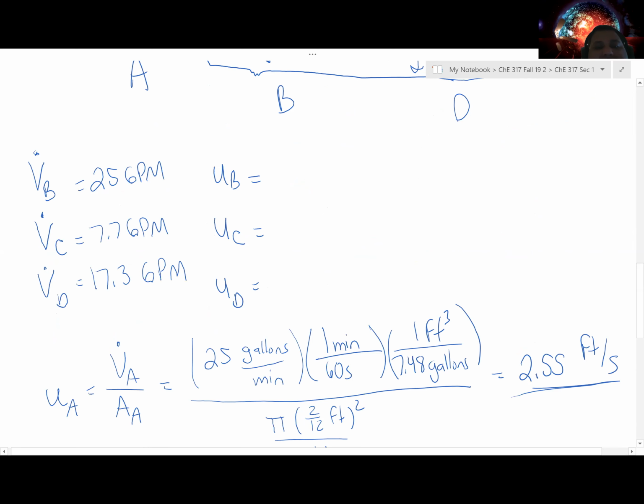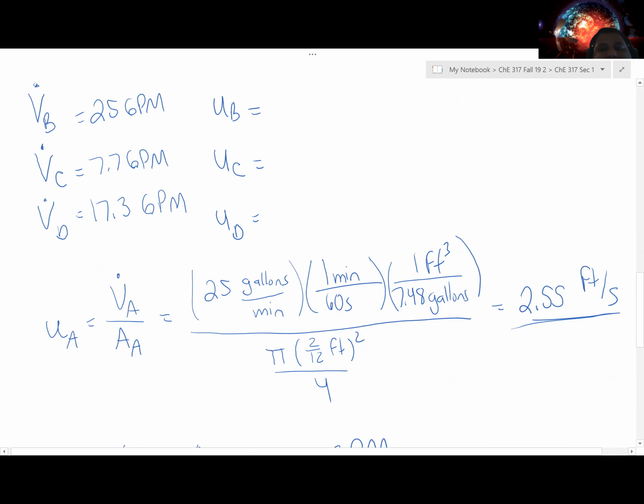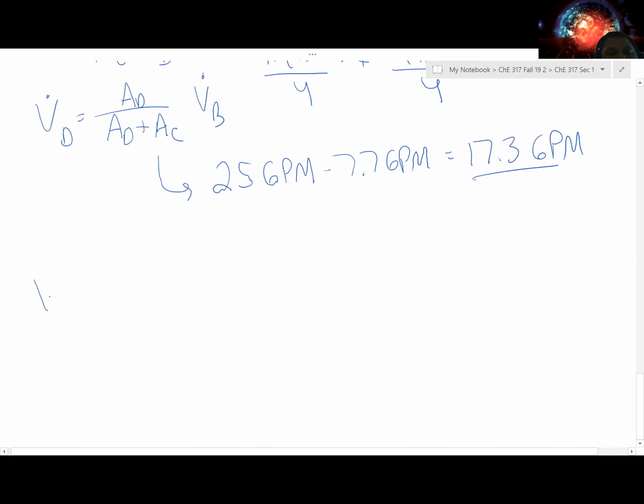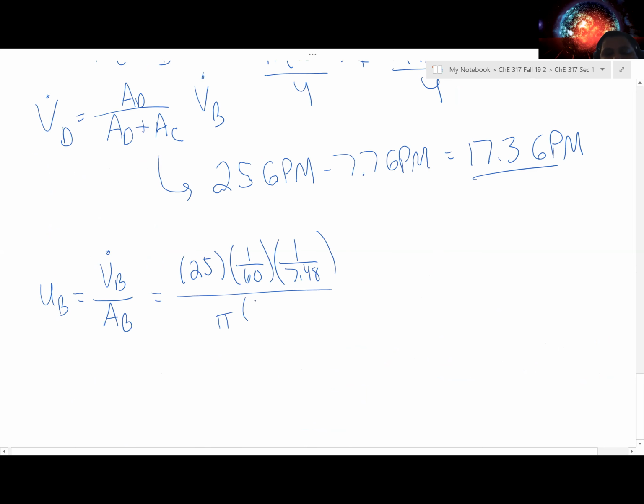Now to find the velocities of each section, I simply have to take the volumetric flow rate of each section and divide it by the cross-sectional area of each section, which in this case would be the 25 gallons per minute divided by 60 to get it into seconds, divided by 7.48 to get it into cubic feet, then 3.5 inches over 12 squared over 4.